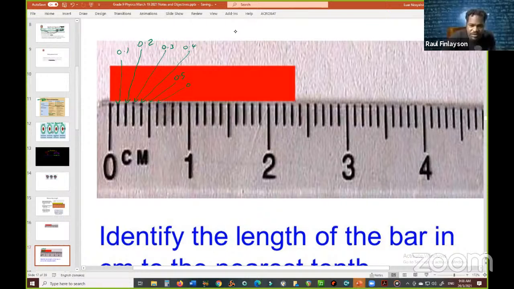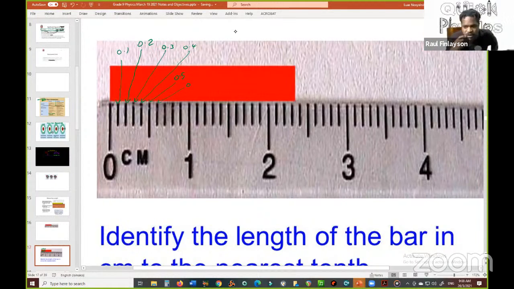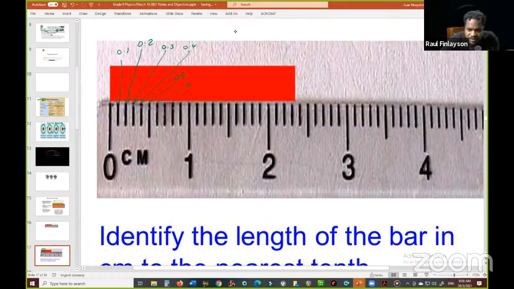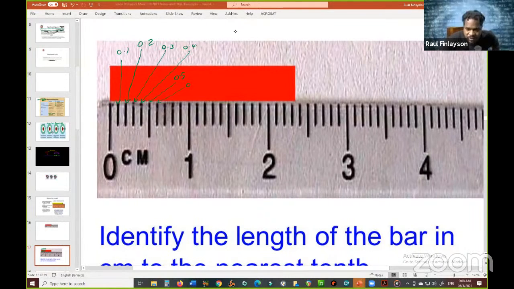The distance between 0 and 1 is the same as the distance between 1 and 2, and between 2 and 3. The distances are equal, and each of these distances is divided into 10. So we're going to add the small units to the larger unit to get the measurement, and that's the skill we're going to learn today.